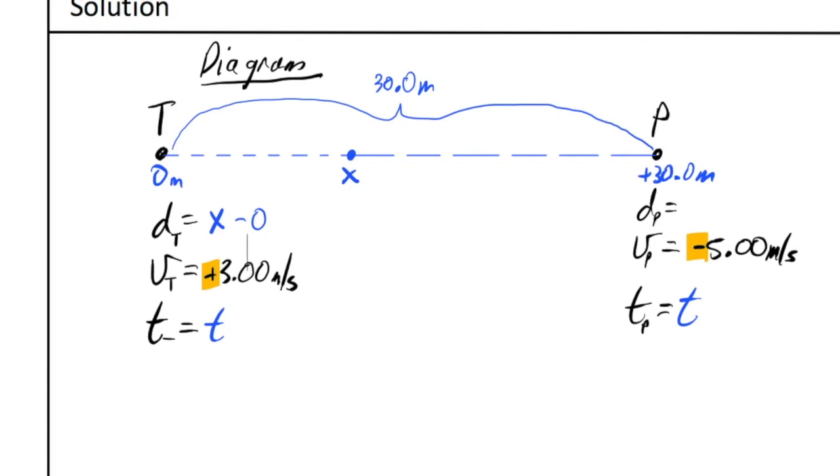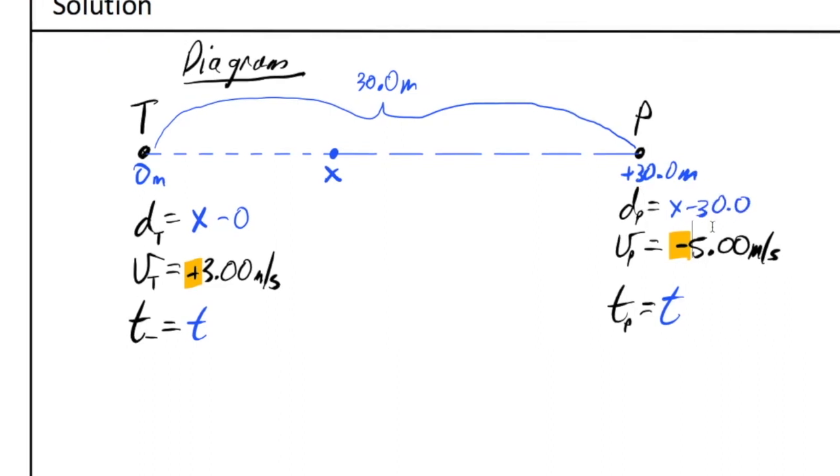Now, let's take a look at Phil. His final position, so d Phil 2 minus d Phil 1. So the position of Phil at the end minus the position of Phil at the beginning. Well, he also ends at x, but Phil's initial position is 30 meters. So that means minus 30.